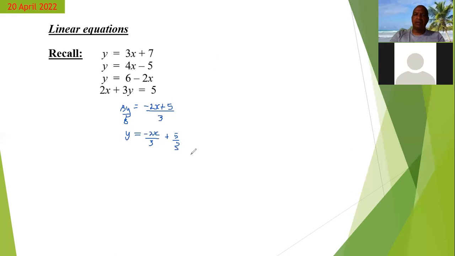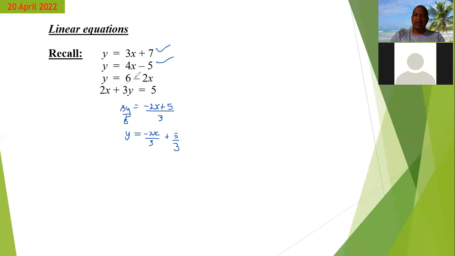Now, writing it in this way, you will see that it closely resembles the forms that are up here. For this one, it would still be in this form, but we could rearrange it and put the negative 2x in front of the 6.